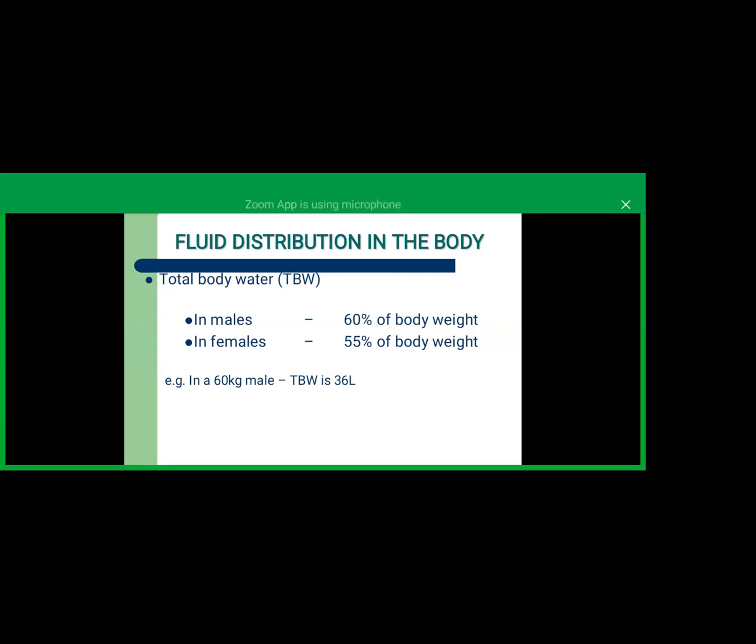Number two, any patient with advanced kidney problem, don't give the patient IV fluid. Number three, any patient with advanced liver pathology. So you see, heart failure, don't give at all.